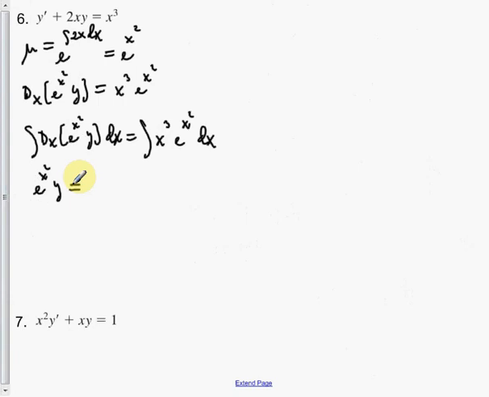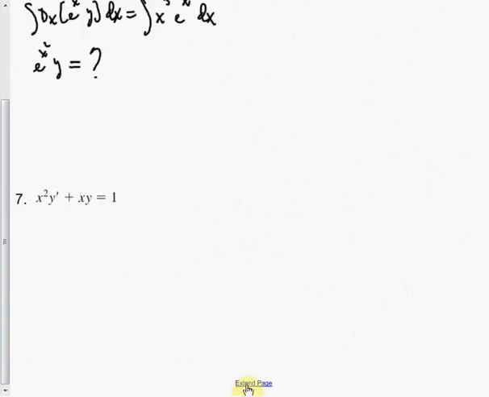What is that integral? All right, let you think about that.